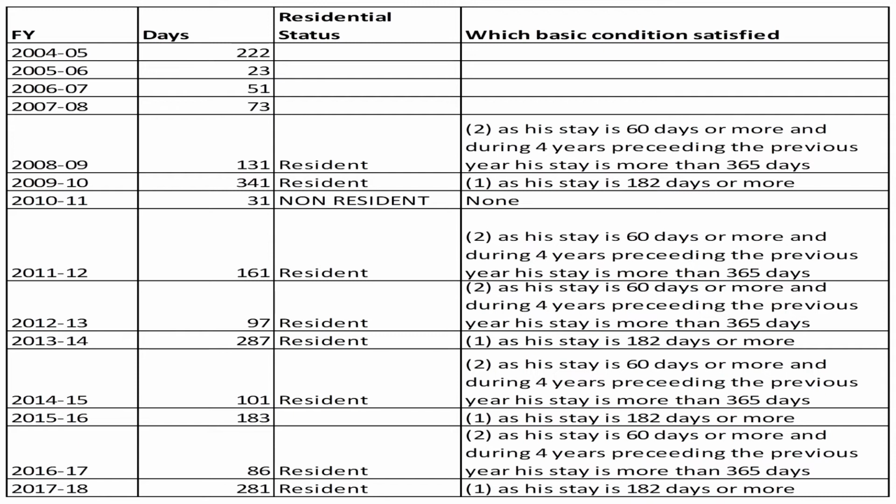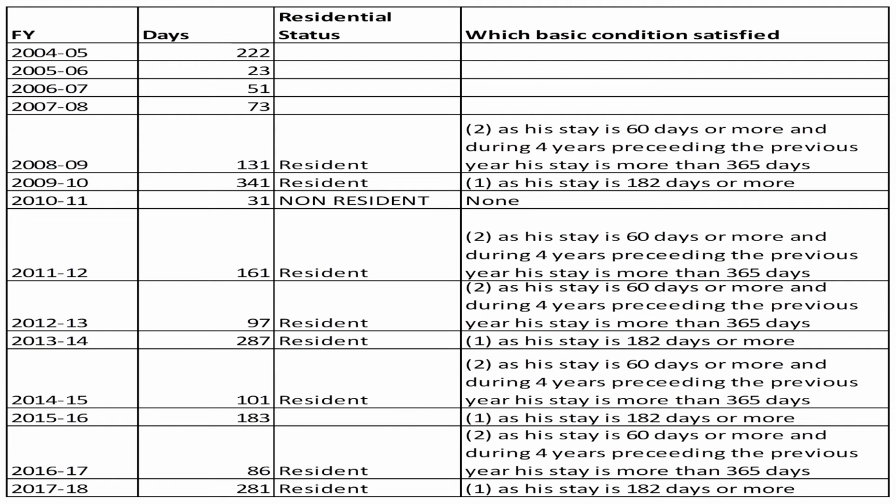In 16-17, he stays 86 days, so thus he is not satisfying condition number 1 of 182 days, but we have to see his stay during the 4 years preceding the previous year, that is, his stay during 2015-16, 14-15, 13-14, 12-13. If we add up, we see that his stay is more than 365 days. And that's why he is satisfying condition number 2 during the financial year 16-17.